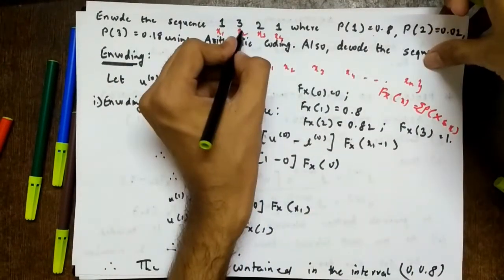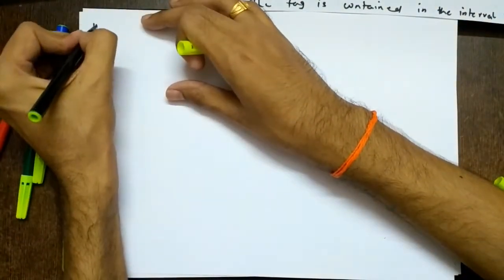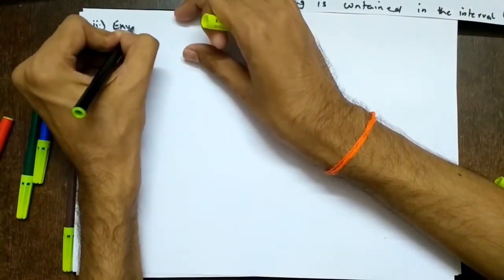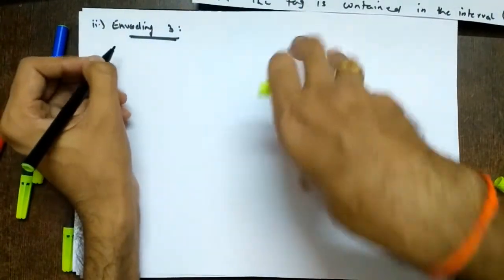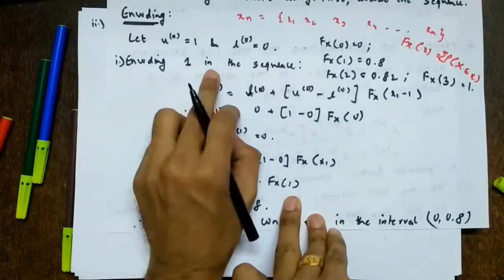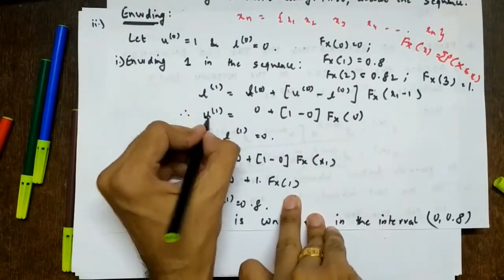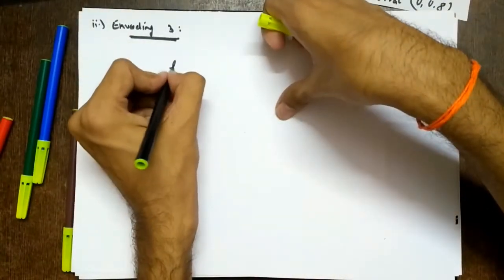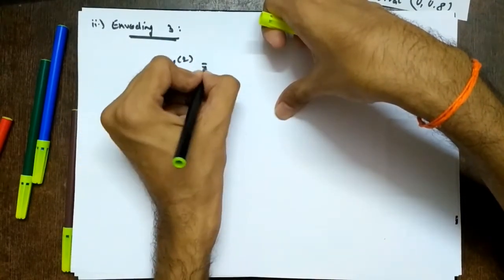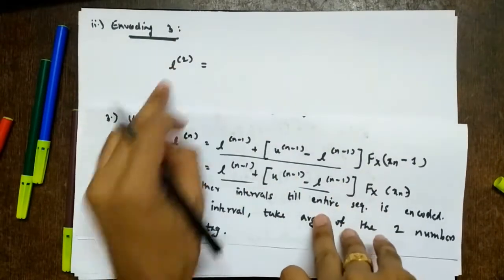Fine. So what is the second element to encode? 3. So we write second encoding, 3. What was encoding 1? L1 and U1. Now it will become L2 and U2. So what will be the formula? n is 2.